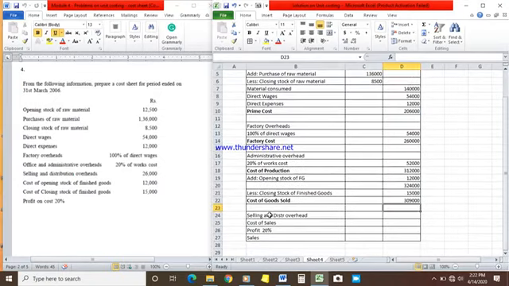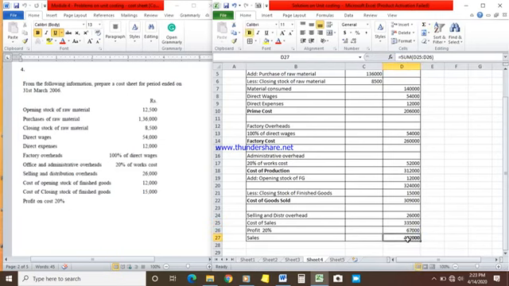Now to this cost of goods sold, we need to add the selling and distribution overhead, which is given as 26,000. By adding it, we get the cost of sales, 3,35,000. To this we need to add 20% profit. So 67,000 is the profit, and then we get what is known as sales.